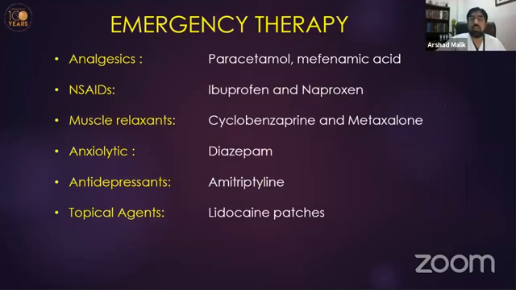And hot spots, as I have mentioned, are the muscular hot spots, muscular tender points, which patients indicate to you in the temporalis muscle, in the masseter muscle, and sometimes in the muscles of the neck, whether it is sternocleidomastoid or trapezius, whatever the muscle may be. You can apply the lignocaine patches, and in emergency, it gives you a very good result.